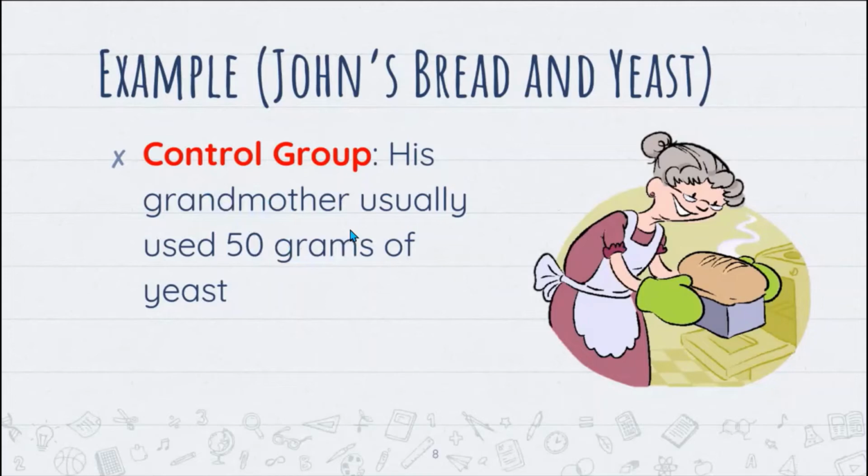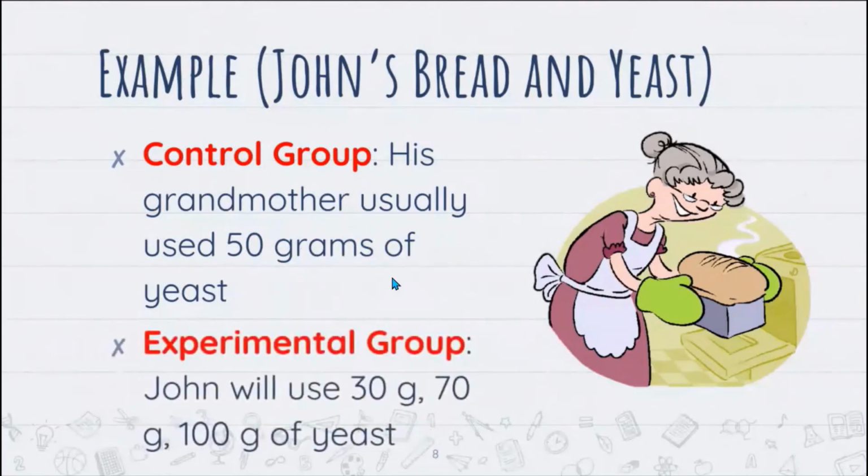Now, what will be our experimental group? Obviously, our experimental group will be our experimental variables, wherein John may use either 30, 70, or 100 grams of yeast. So what can you notice? We did not include 50 grams in the experimental group because that is already tested.